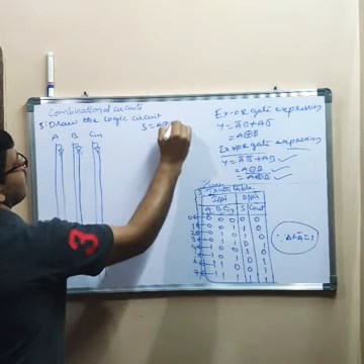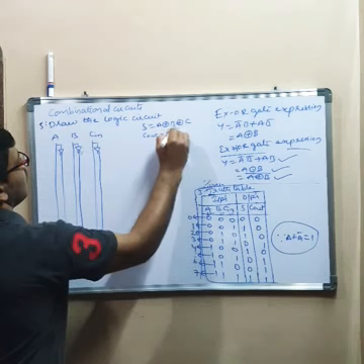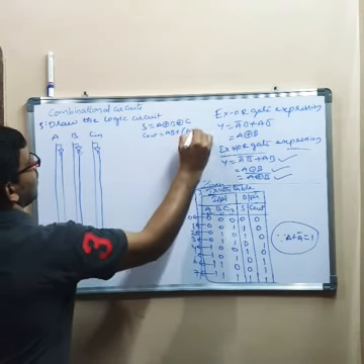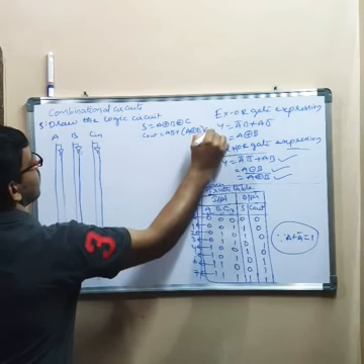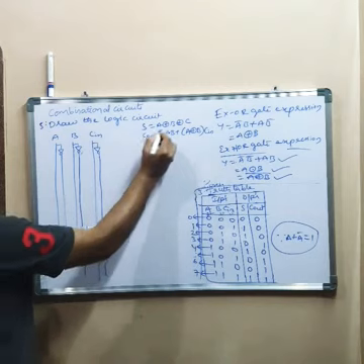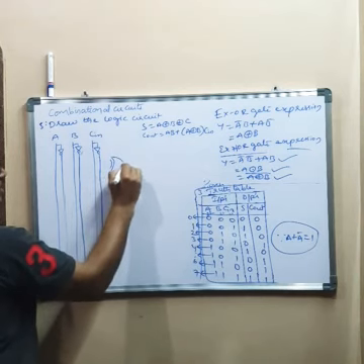Now look at the expressions. S is equal to A XOR B XOR C, and C out is equal to AB plus A XOR B into C in. First take the expression for sum, A XOR B XOR C. I will take a 2 input XOR gate.